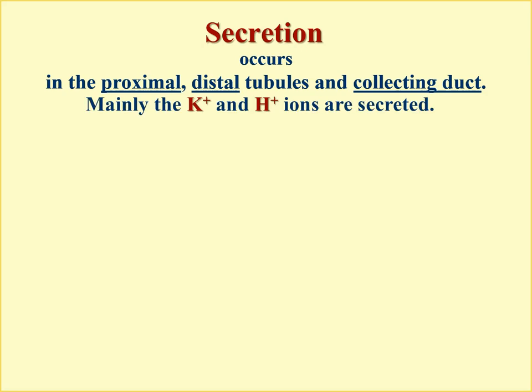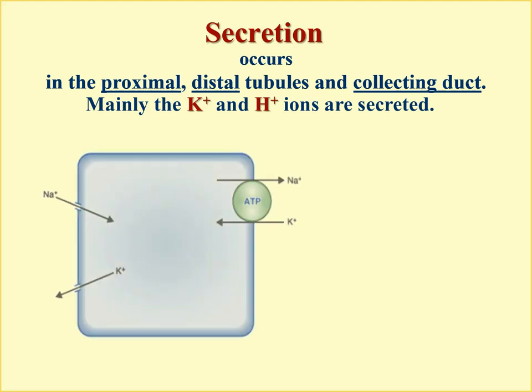And mainly, under normal conditions, potassium and hydrogen ions are secreted, and their secretion helps to control a normal, steady level of both potassium and hydrogen in blood, so that when potassium is higher, it's secreted in higher amounts. When potassium becomes lower, it's less secreted, and similarly for H+ ions. So secretion of these ions is involved in maintaining the constancy of their concentration in blood.